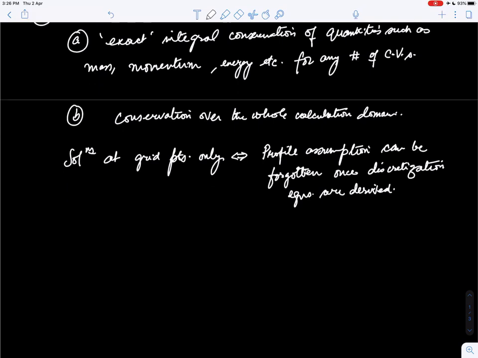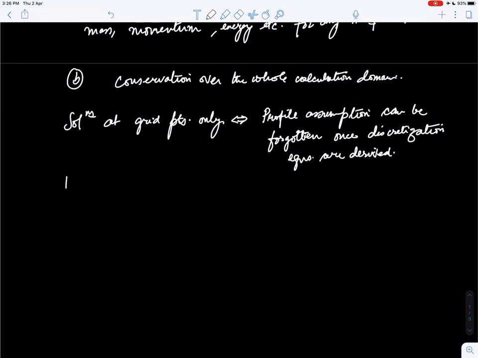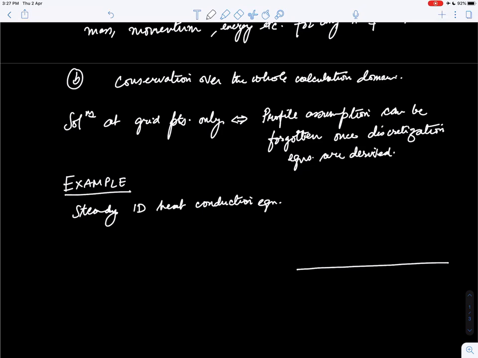So to get you started, let's look at a very basic example of the finite difference or the finite volume method, and we'll choose the steady 1D heat conduction equation. It's 1D, which means that we have a domain which is one dimensional.